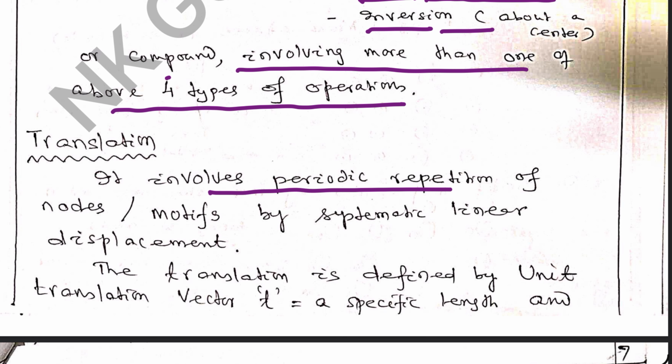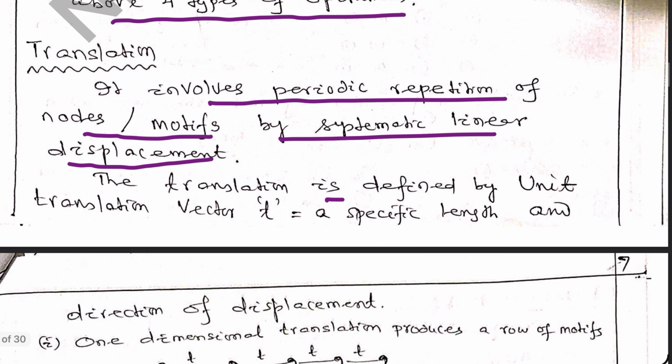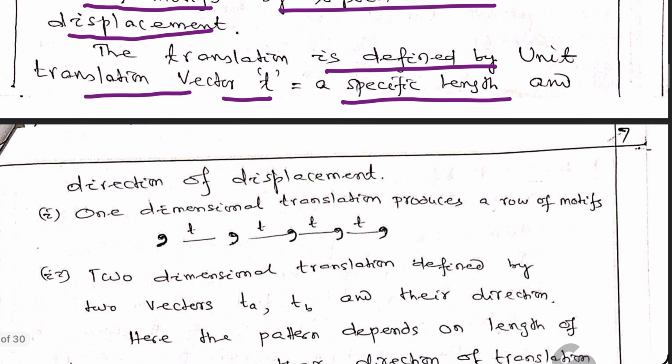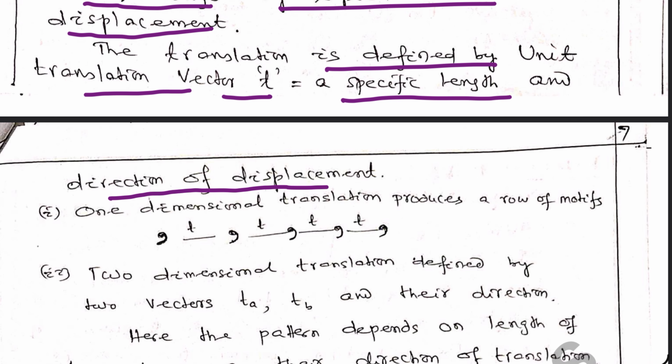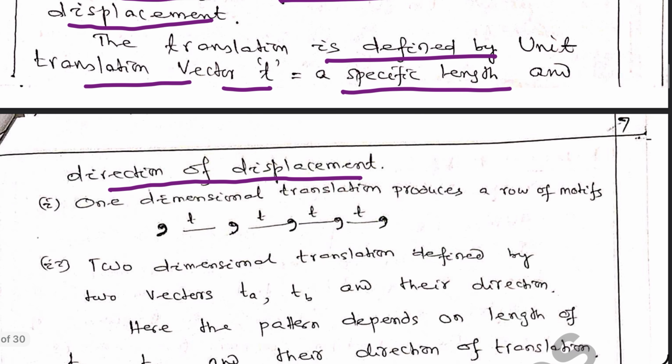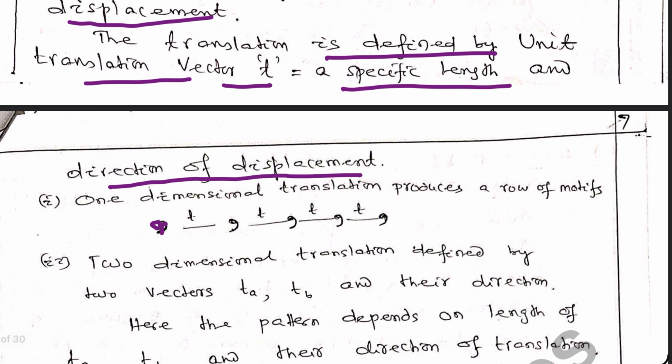It involves periodic repetition of nodes or motifs by a systematic linear displacement. The translation is defined by unit translation vectors such as t, which is of specific length, and there is a direction along which the displacement takes place. For example, if this is a motif, this is repeated in one direction at an interval of t.